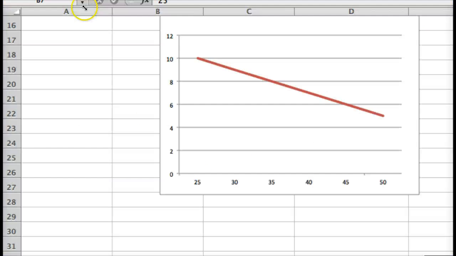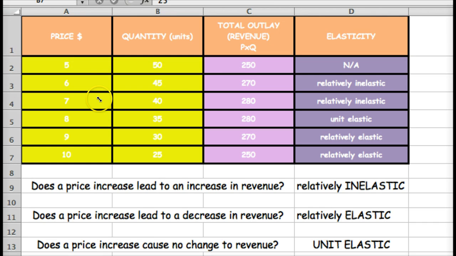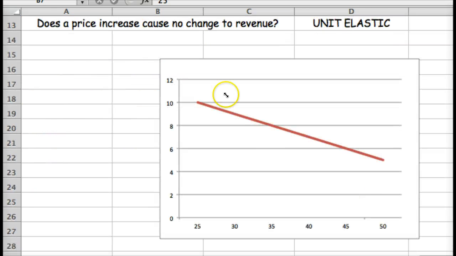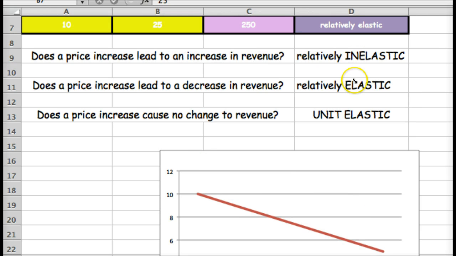So even though the actual price increases for the $1 differences were rather small, overall, if you look at the slope of the curve, you can see that it's more to the horizontal than it is vertical. So we would say overall, it was relatively elastic demand.